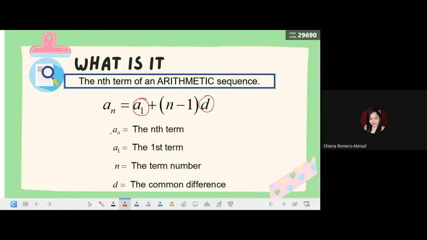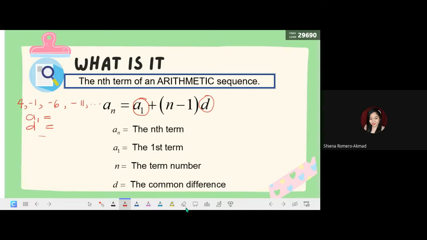So let's say, binigay sa inyo yung sequence: 4, negative 1, negative 6, negative 11, and so on. Dalawa lang ang kailangan nyo dyan. Yung first term at yung difference. Okay?